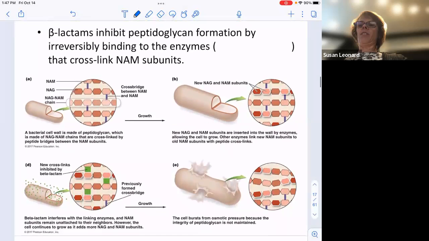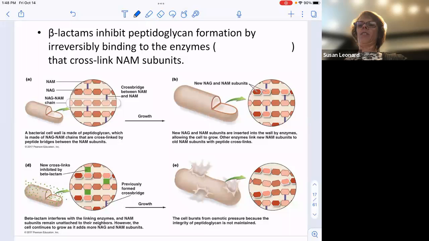I like this graphic from our old textbook, and it shows a little bit how they inhibit peptidoglycan formation. All the beta-lactam drugs bind irreversibly to the enzymes that cross-link the NAM subunits. Remember the structure of peptidoglycan: NAG, N-acetylglucosamine, and N-acetylmuramic acid, NAM, alternating sugars with some amino acid bridges in between.